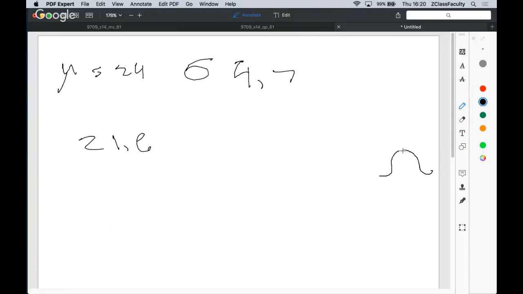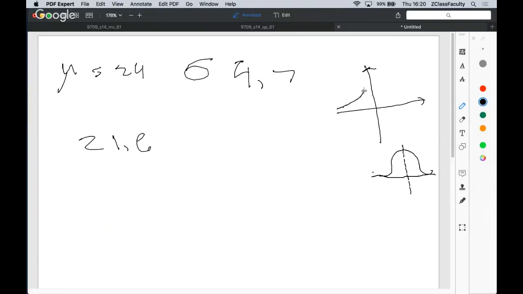Okay. So what is a typical shape of a normal distribution? Like that. Yeah, something like that. It's not quite. So it's something like this. This is the mean. Or you can draw it down, it doesn't matter.